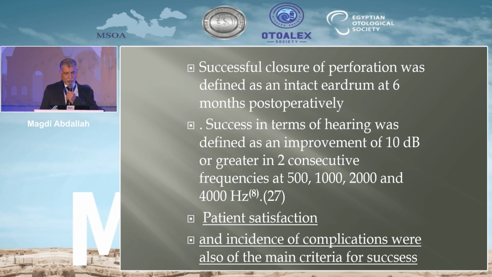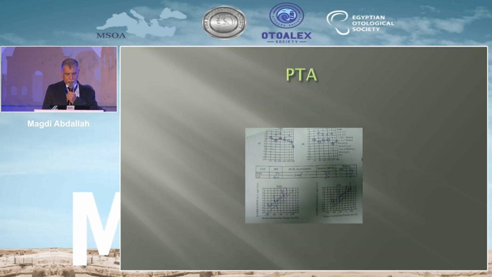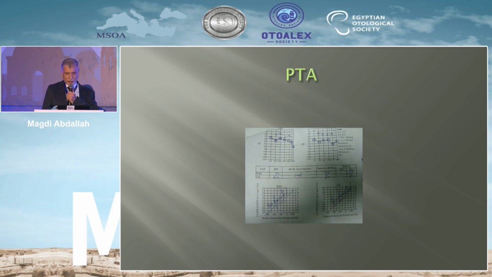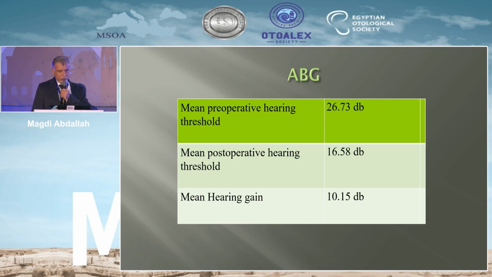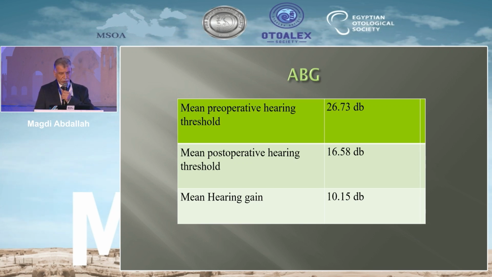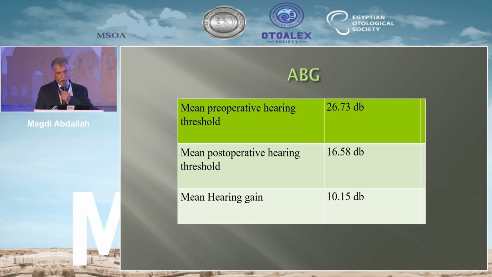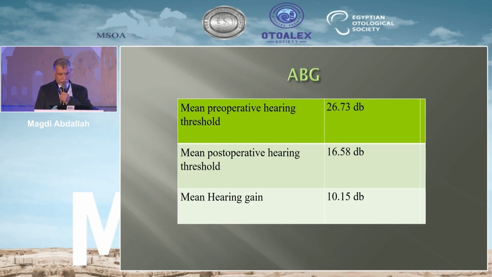That's why patient satisfaction must be considered in a successful outcome. Pure tone audiometry preoperatively and postoperatively must be done for documentation, and the mean preoperative and mean postoperative hearing thresholds, and the mean hearing gain, must be at least 10 decibels.